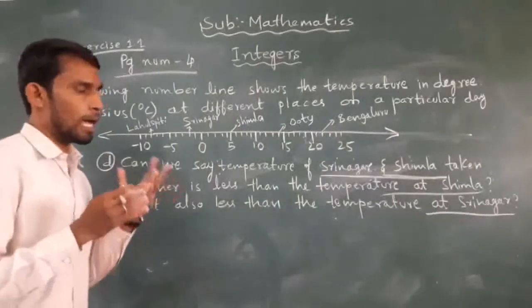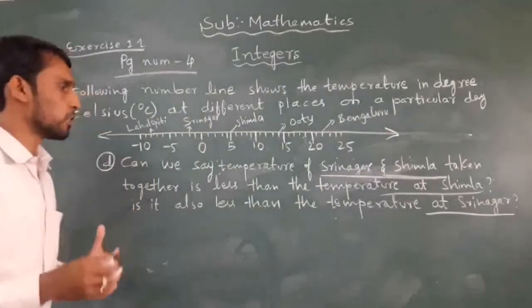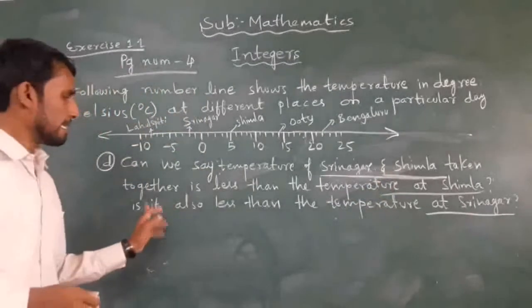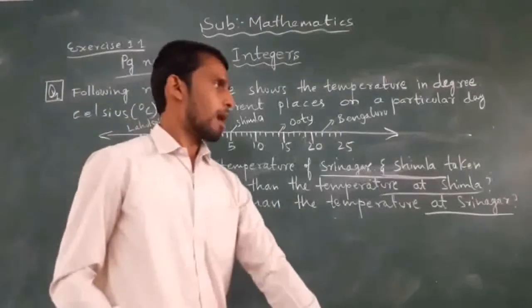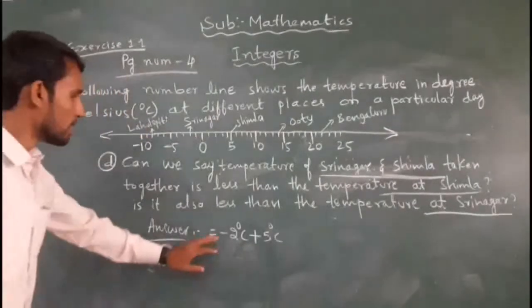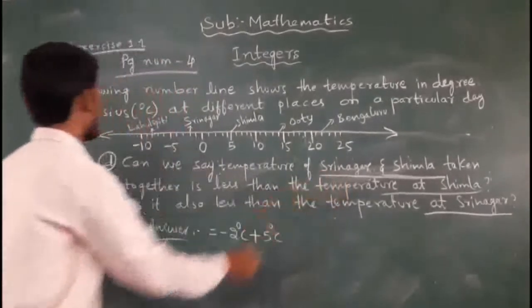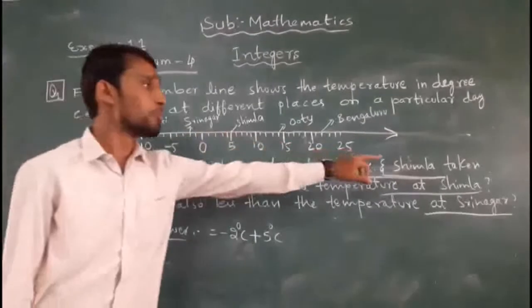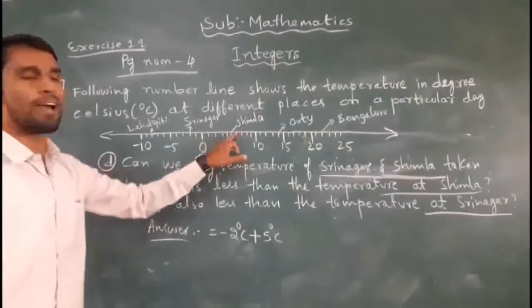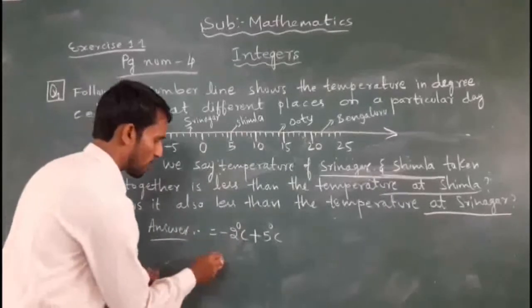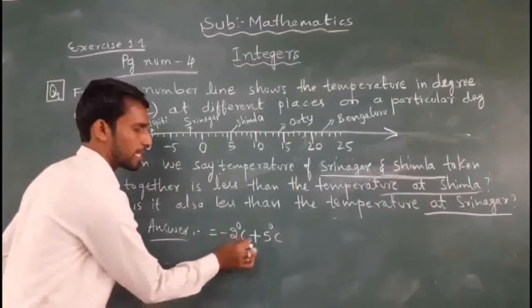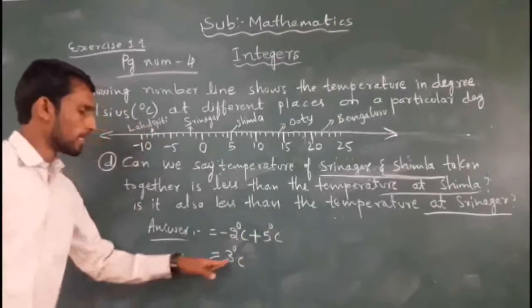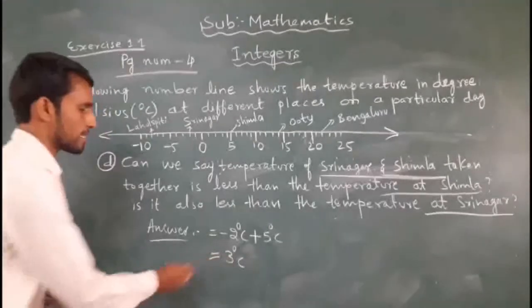Temperature of Srinagar is minus 2 degrees Celsius, and Shimla temperature is 5 degrees Celsius. When we solve this problem, minus 2 degrees Celsius plus 5 degrees Celsius, answer is 3 degrees Celsius.